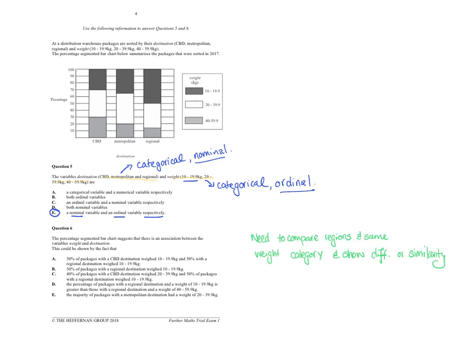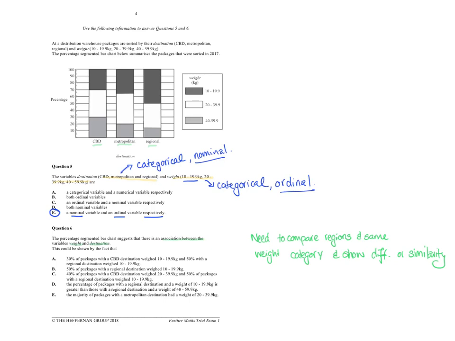Okay, in this next question, when they ask, is there an association between weight and destination, what you need to do is compare the regions. So we've got the CBD, metropolitan, regional, but then you need to compare the same thing to say there's an association. So compare the same weight category.